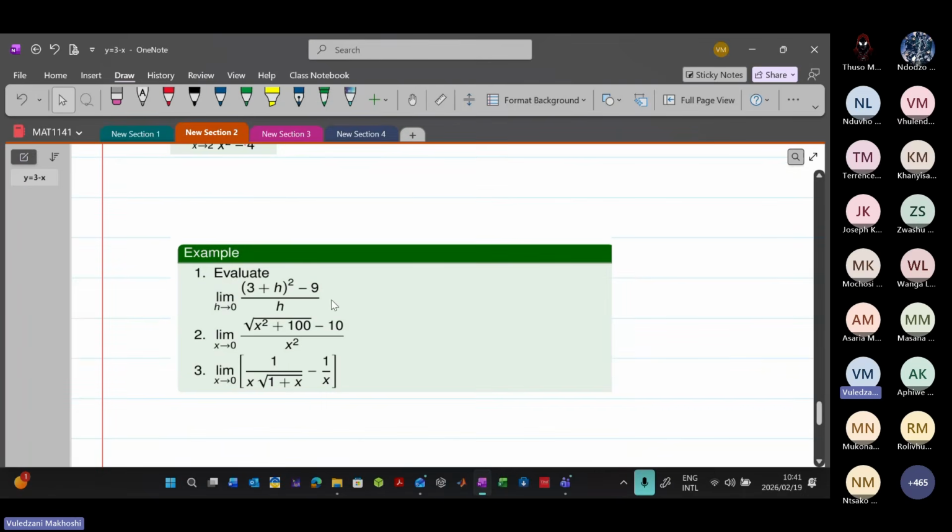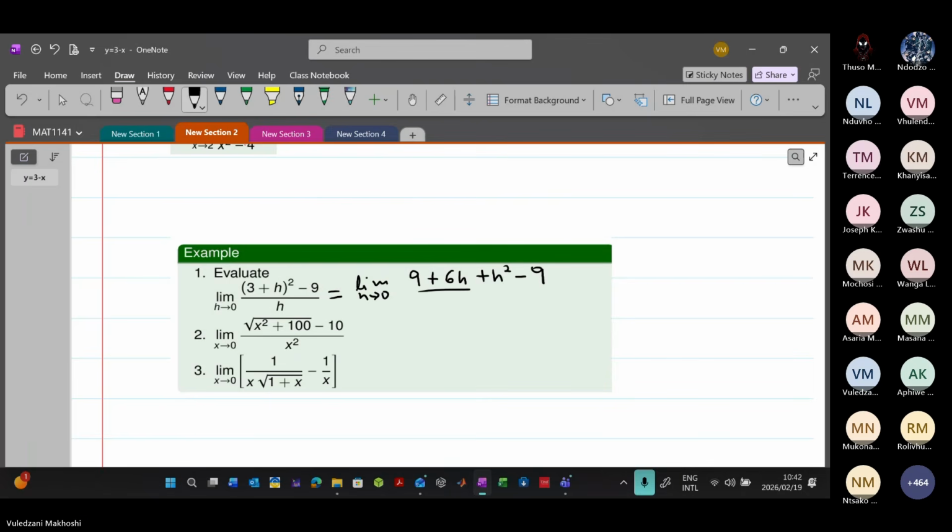But in this case, the limit does exist because we have 0 over 0 from direct substitution. So this is going to be equal to the limit as h is approaching 0. Then let us rewrite this: 9 plus 6h plus h squared minus 9, over h.